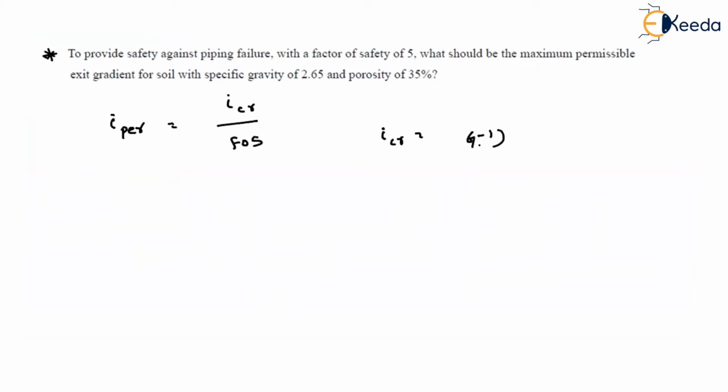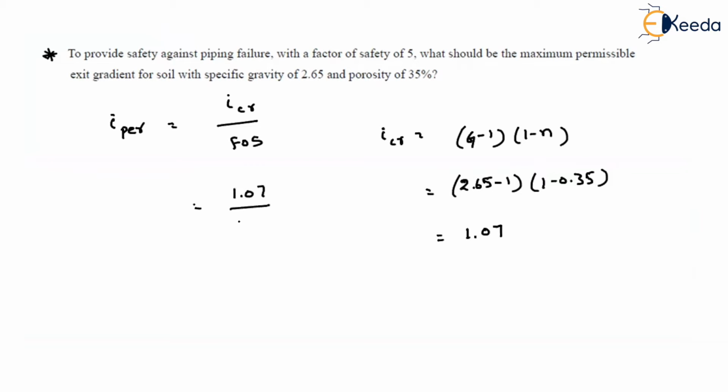The equation will be G minus 1 into 1 minus n, that is 2.65 minus 1 into 1 minus 0.35. If you solve this, we'll get the value around 1.07. Substitute the value here, 1.07 divided by 5. So the permissible hydraulic gradient that you will obtain is 0.215.